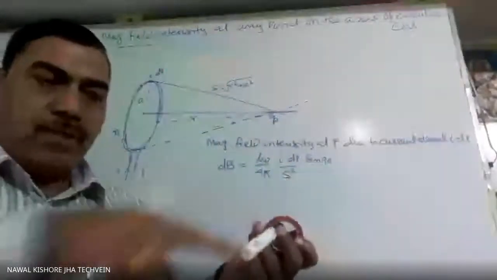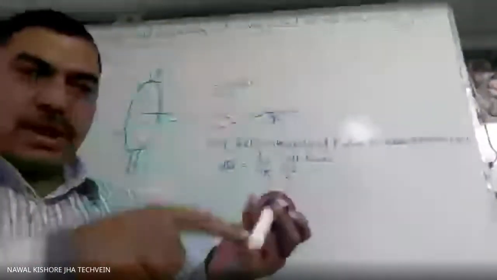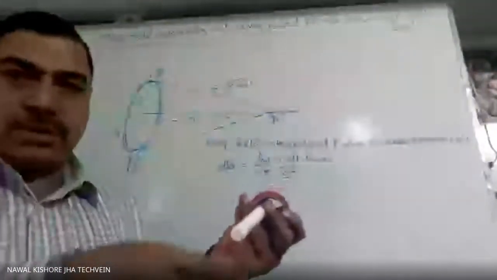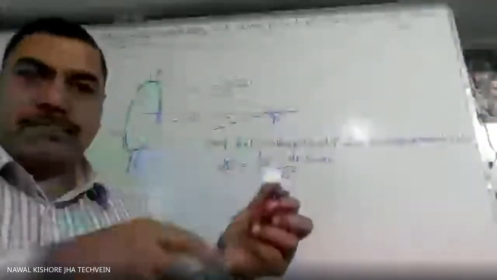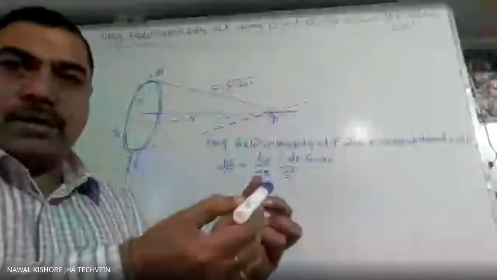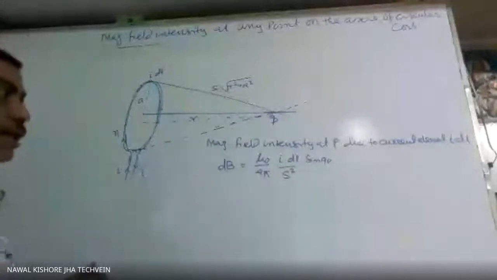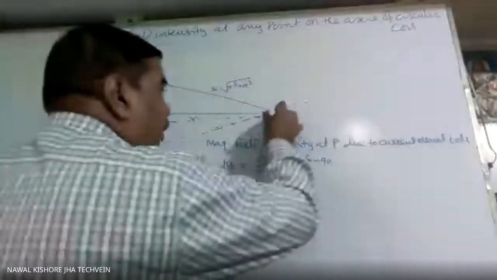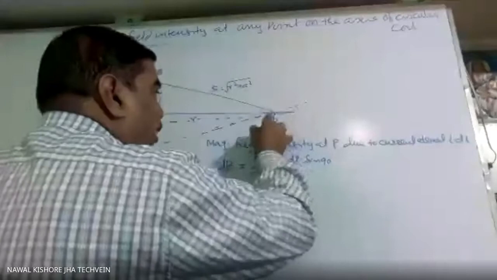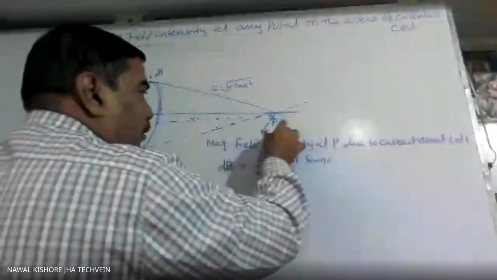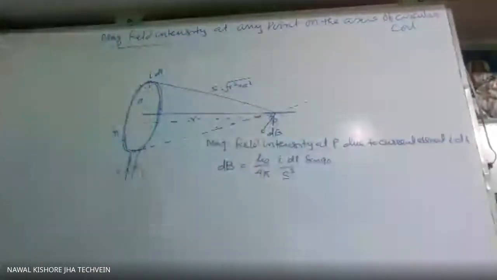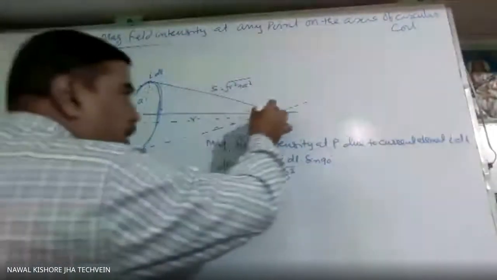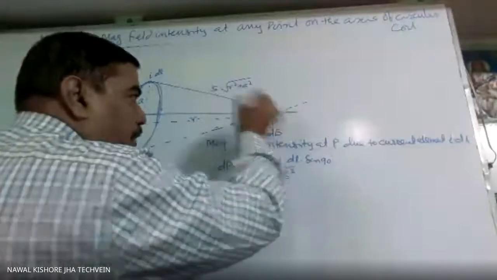It is perpendicular to this. As this is inclined, the field will be perpendicular to this inclined line, not horizontal. So the direction of this magnetic field will make an angle of 90 degree from this one.